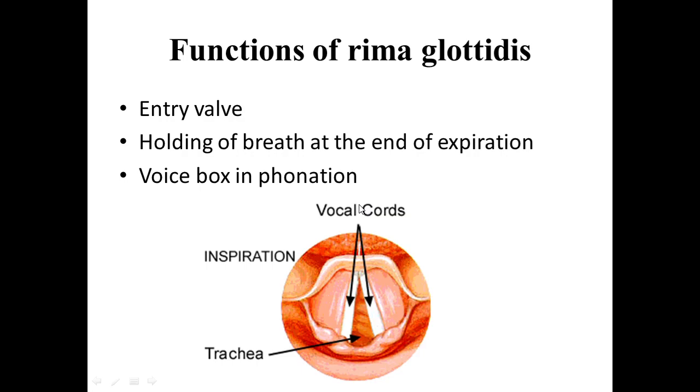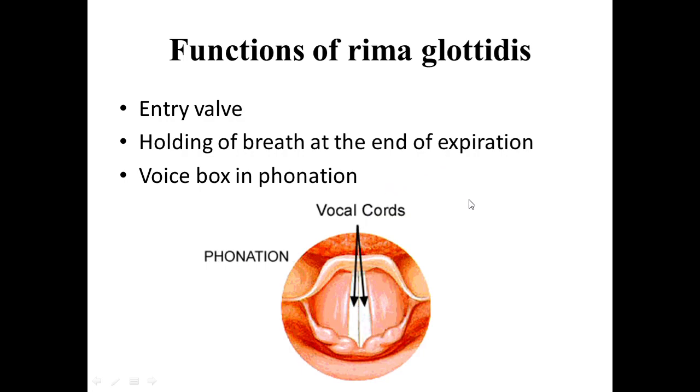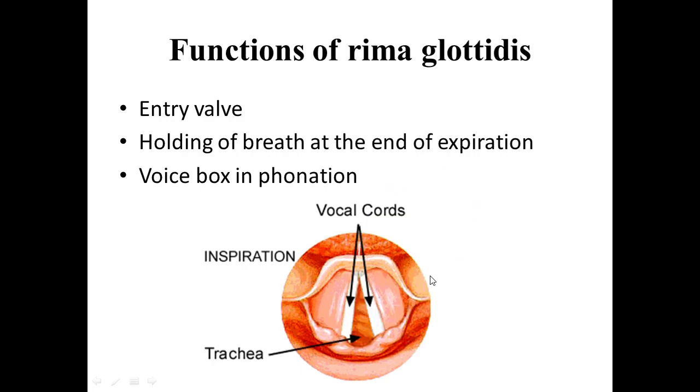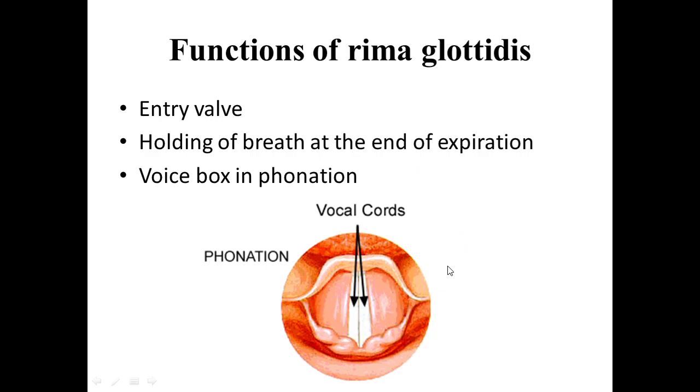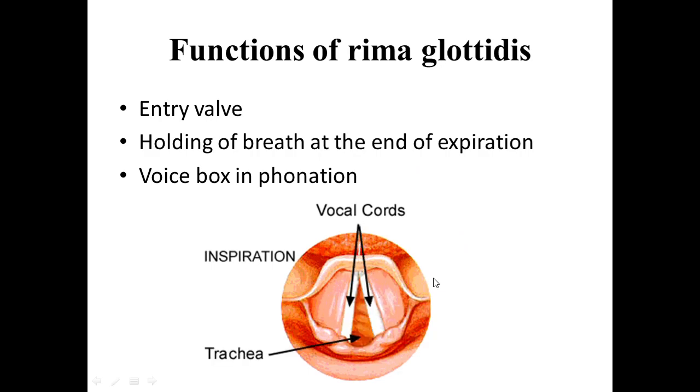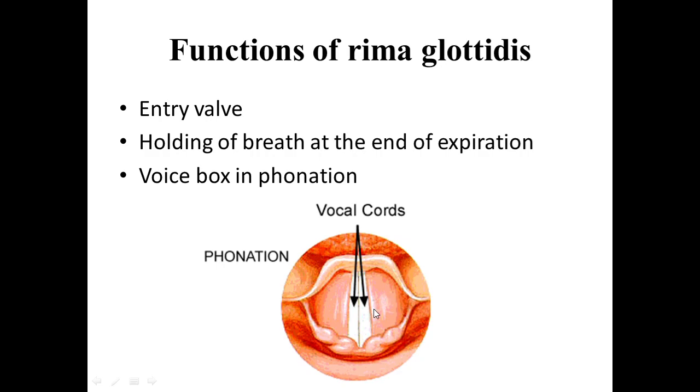Now what are the functions of the rima glottidis? Now the rima glottidis acts as an entry wall. That means it prevents air entry into the trachea. So it prevents the air entry at the end of expiration.